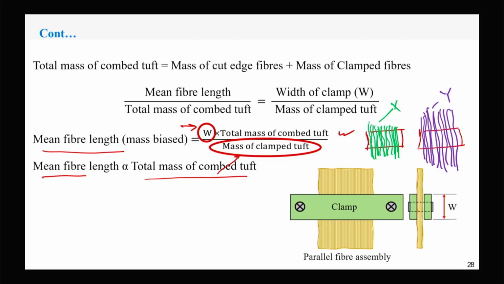So in these two cases, width is constant and the mass of clamped fibers will also be the same.